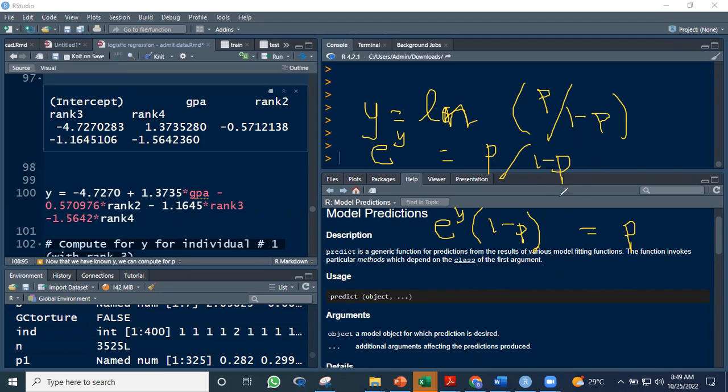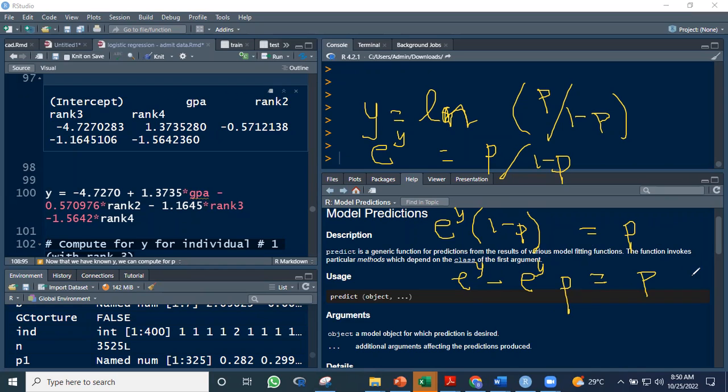Okay? So itong 1 minus p, guys, transpose ko sa kabila. So let's do this. e to the y minus, distribute natin to, e to the y times p is equal to p. Right? And then let's collect the terms.